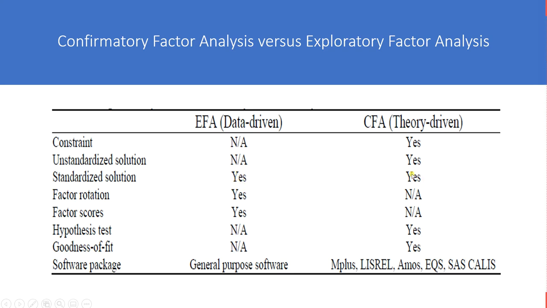And similar factor loadings are also possible in confirmatory factor analysis, but there is an additional feature that we can also get the unstandardized solution, the raw score regression coefficients also in confirmatory factor analysis. Similarly, in exploratory factor analysis, first we extract the factors and then to interpret those factors, to extract some meaning and sense out of those factors, we do another step that is called factor rotation.